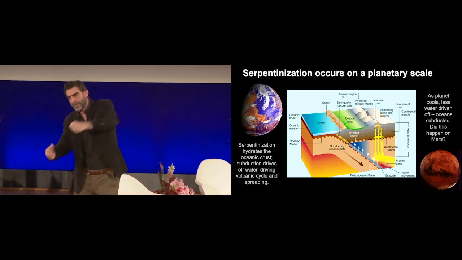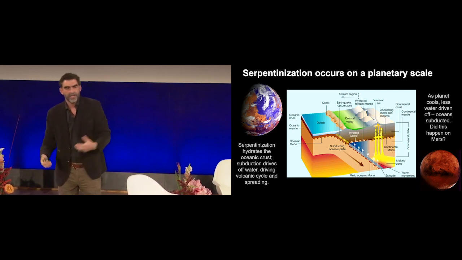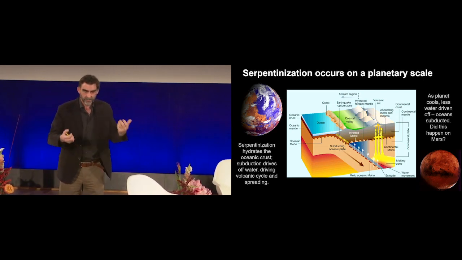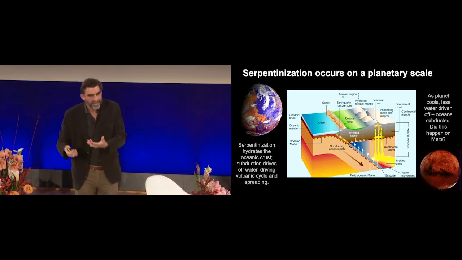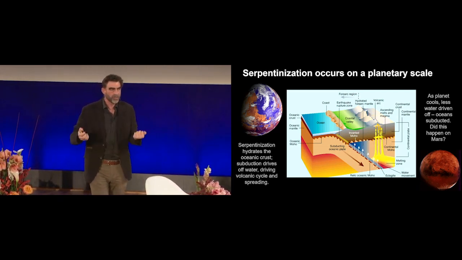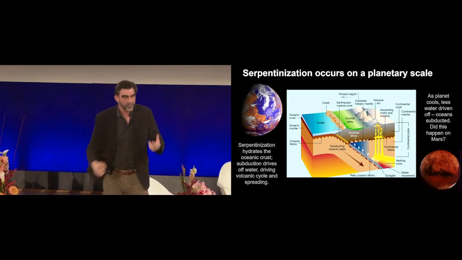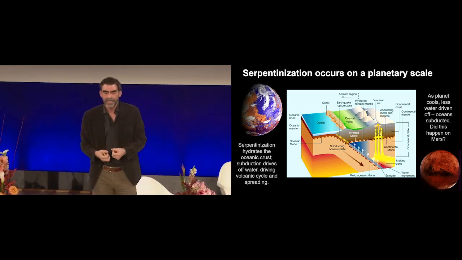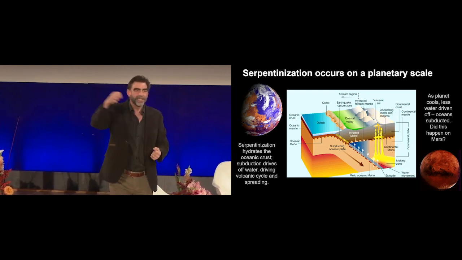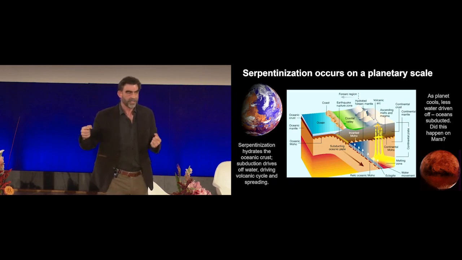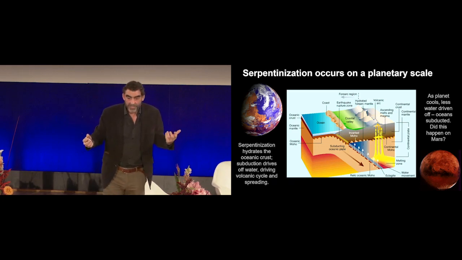And when they're subducted down, the heat and the pressure as we go down into the mantle drive off the water again, dehydrating those rocks. The presence of water within the mantle drives convection and melting of the mantle and increases the likelihood that you are going to have volcanoes in that region. And when we have volcanoes and spreading and so on, that is in itself driving plate tectonics on a planetary scale.